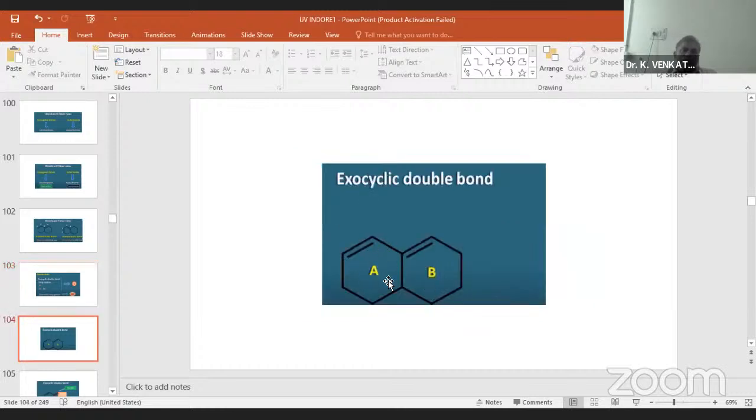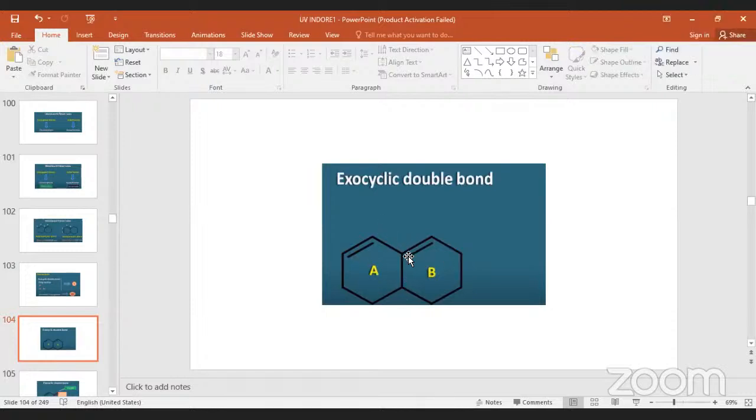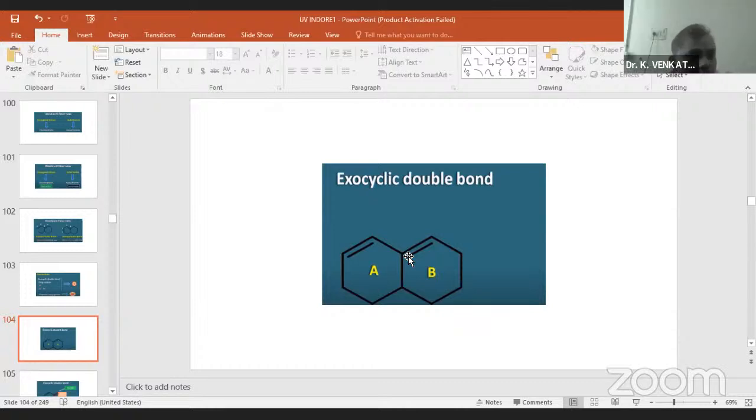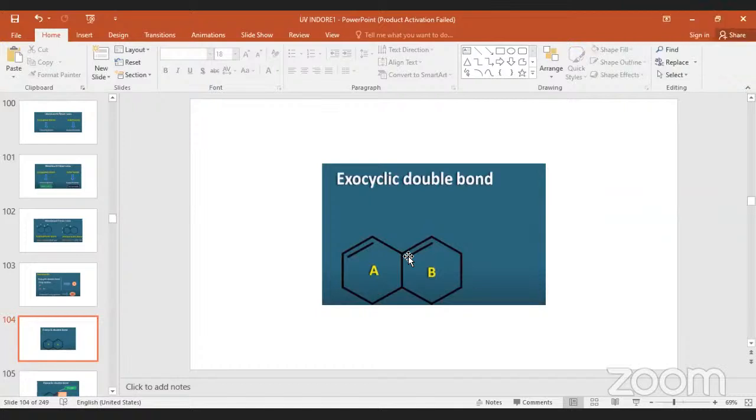Now, madam, explain what is the lambda max value of this compound. No need to explain at length, what is the value of lambda max? 235.